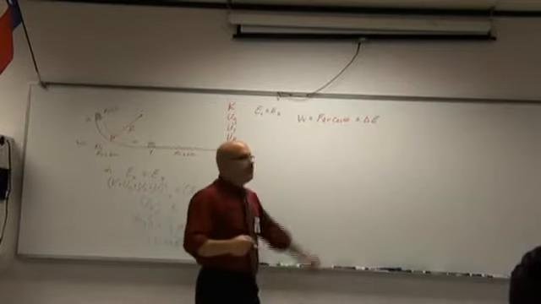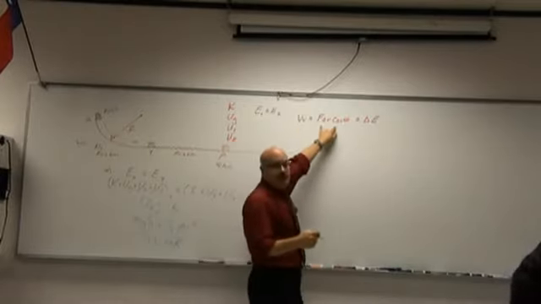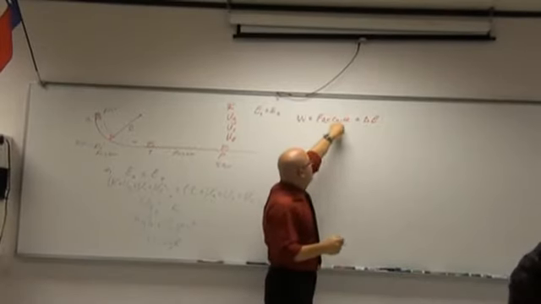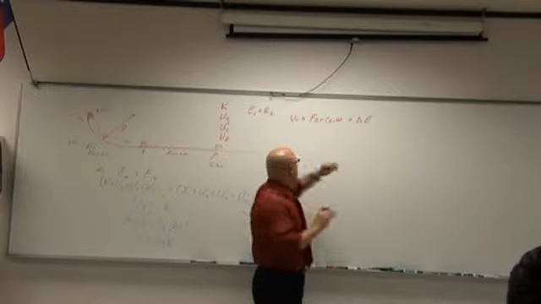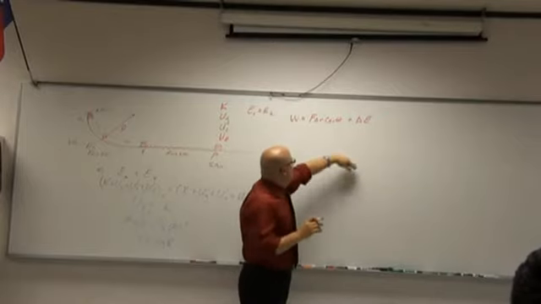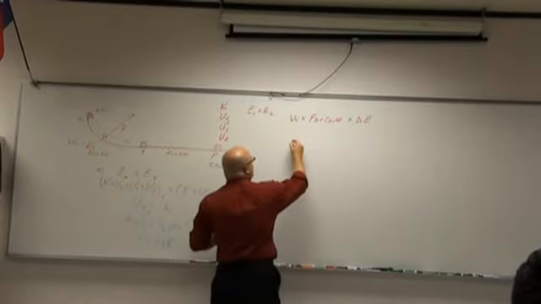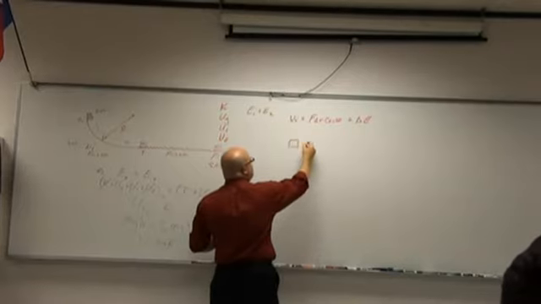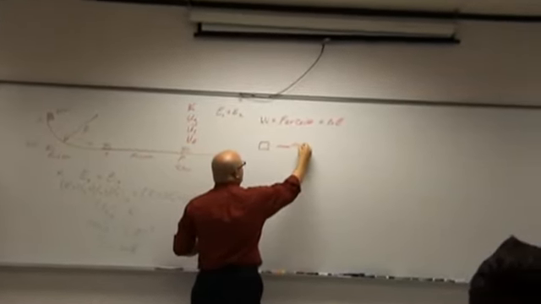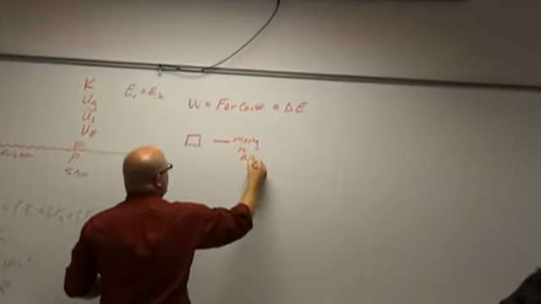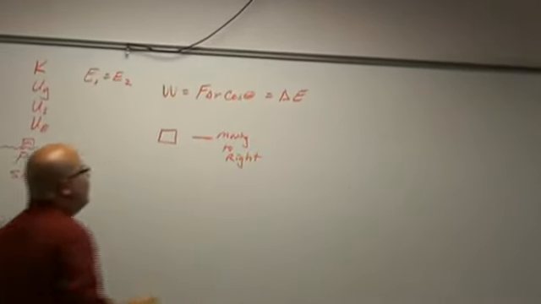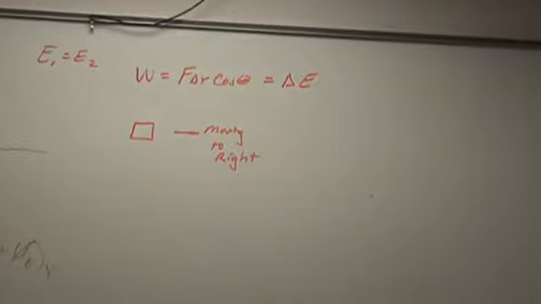All right. So work is F R cosine theta, and work also is the amount of energy it changes, that transfers, right? Okay, so now when we look at this, here's our object. Our object is moving to the right. What are all the forces on this object as it's moving to the right?